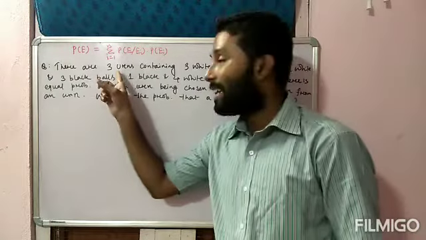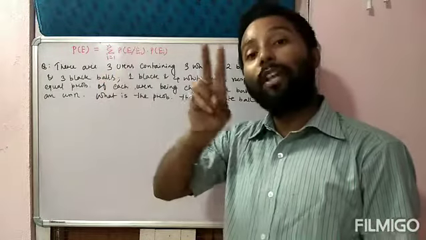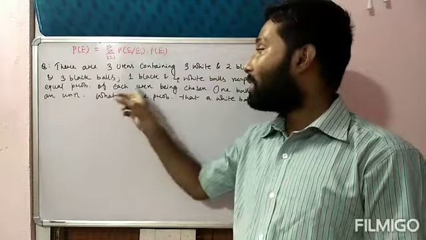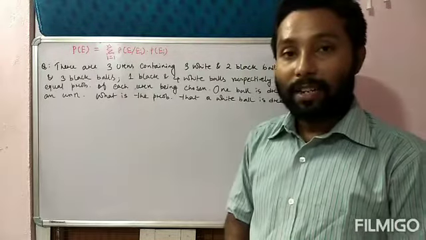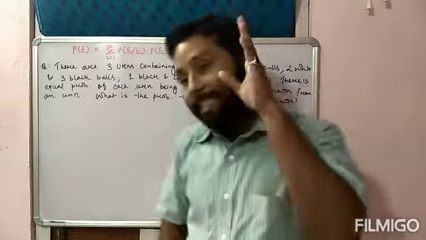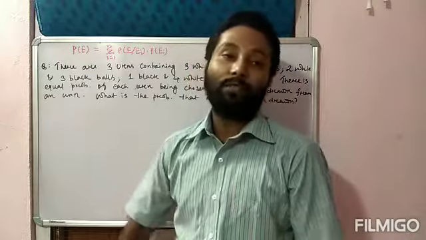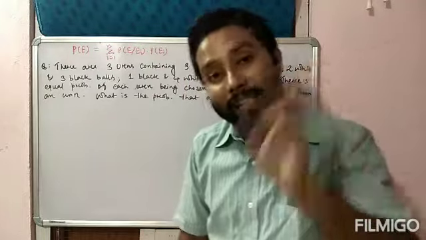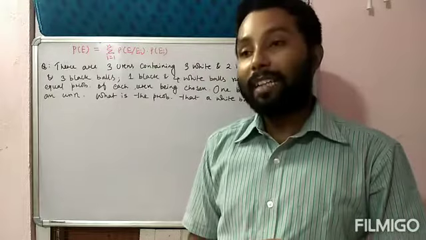Okay, how many urns are there? Total 3 urns, and there is equal probability of each urn being chosen. So whether it is theorem of total probability related question or Bayes theorem or any other, how can we identify?